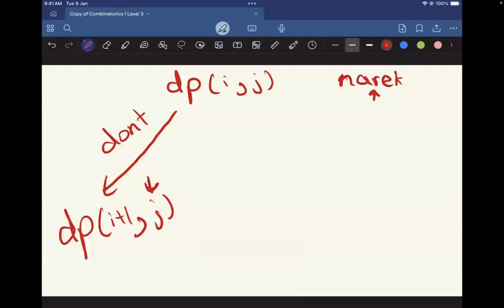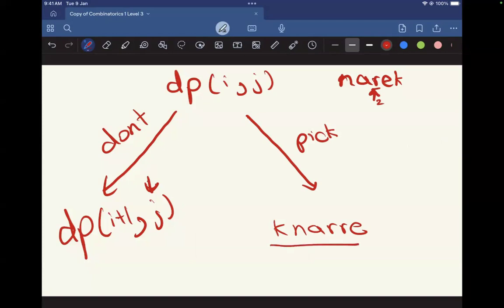Now, if this much is clear, if I do pick it up, let's say my string is KNARRE. I wanted to start from index 2, which is R. I will iterate through this string.